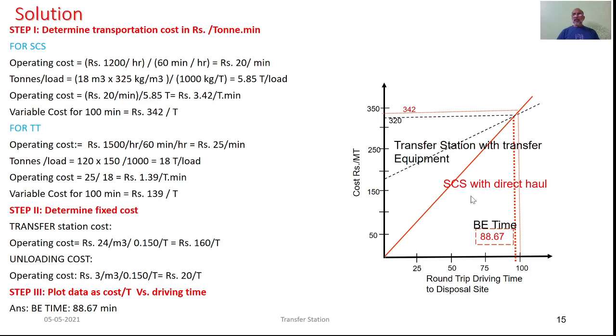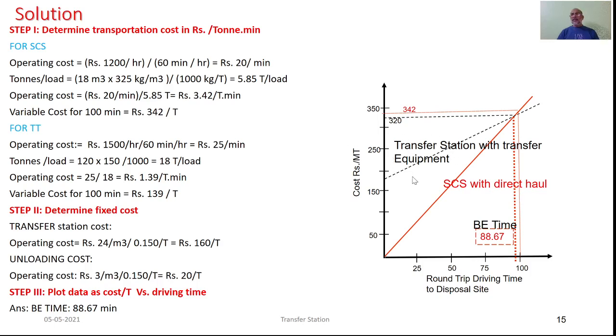So the way you see, at 0th moment, for stationary container system, there is no cost towards the transportation, towards the direct hauling, hence it would be 0. Whereas, the way we have worked out for 100 minutes, it is 342 per ton, hence we can have this red line representing stationary container system with direct haul.